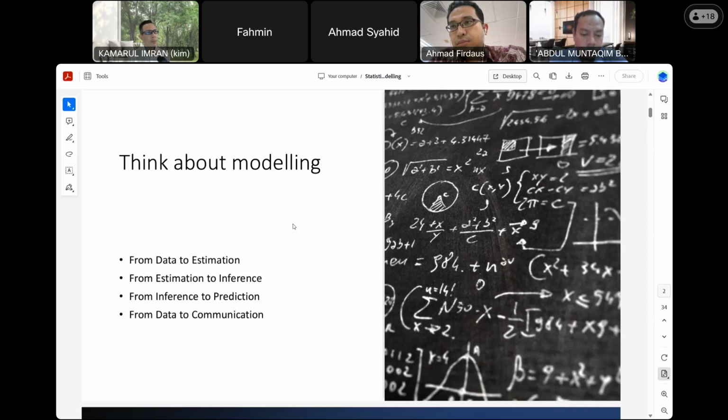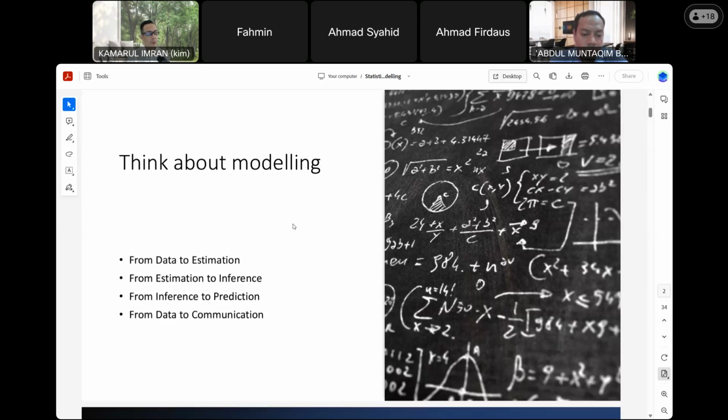So you want to estimate perhaps the beta regression, for example. After that, you want to estimate the standard error, or maybe the likelihood value and other parameters.